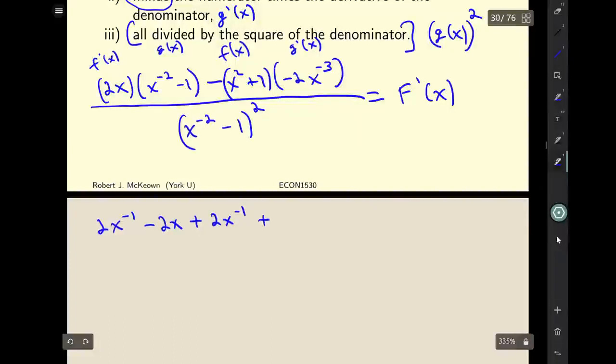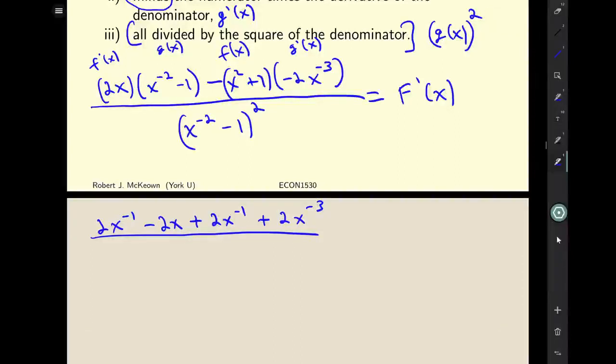And plus 2x to the negative 3. Divide this whole thing. Maybe I'll just leave the denominator the way it is. So I'll just write out the denominator like so. I don't think we're going to be able to do much with that.